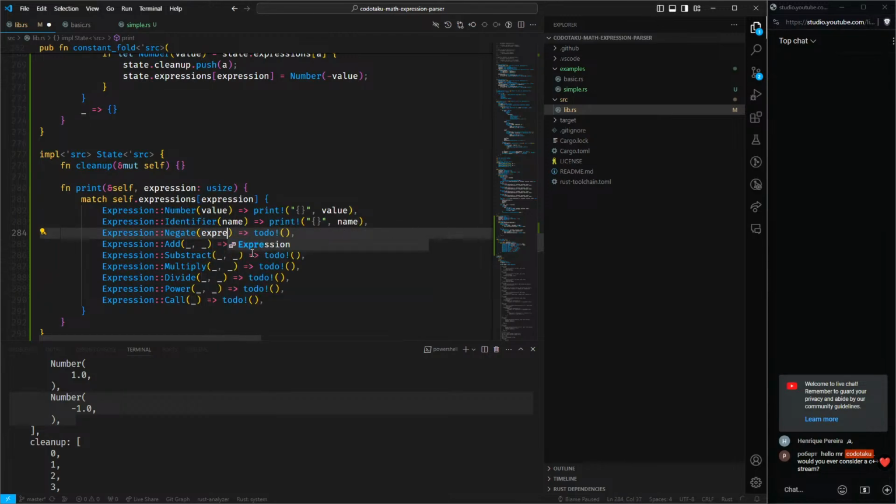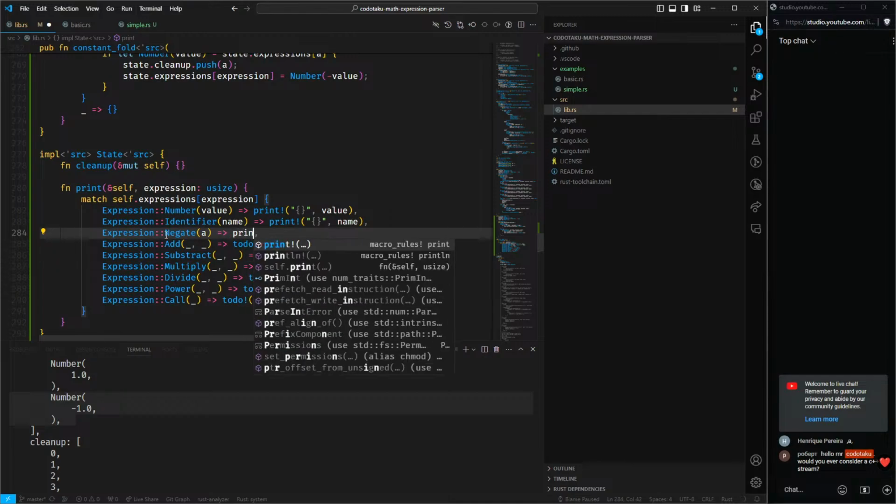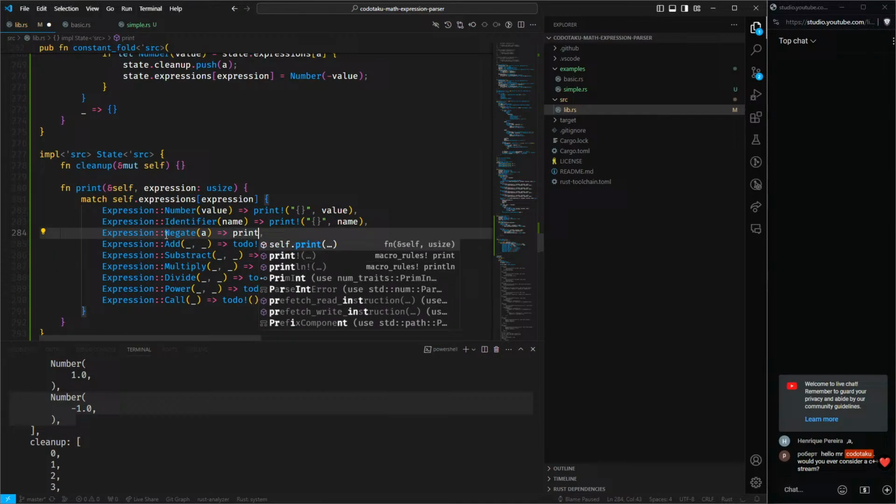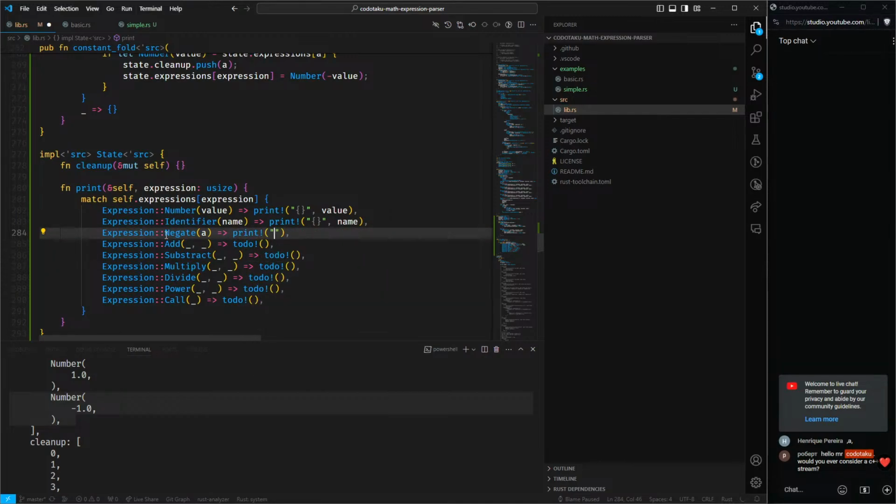And here we're gonna have our expression, or let's just call this A, right? And we're gonna actually resolve, well, basically we're gonna print. First of all, we're gonna print a minus, right? And whatever there is there. And here we're gonna recursively call print. Pretty much print A, I think.